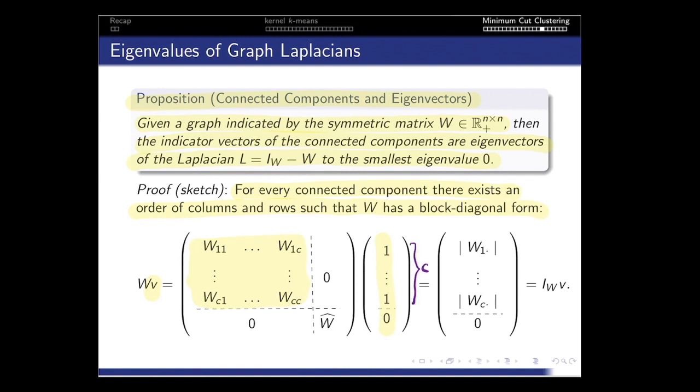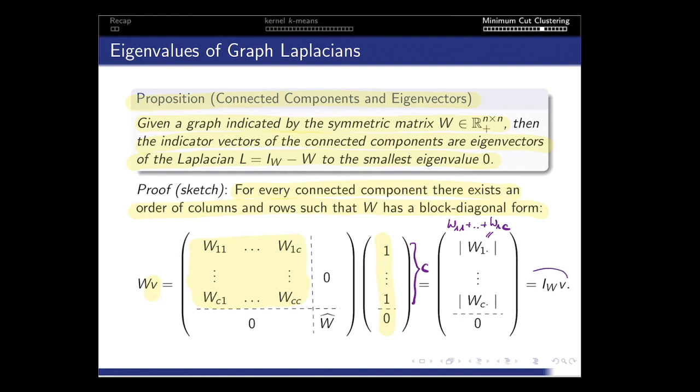If we multiply this block diagonal matrix with our vector V, then what we get is, for example, W11 plus and so on up to W1C. This can also be stated as the absolute value of W1 because W is non-negative.